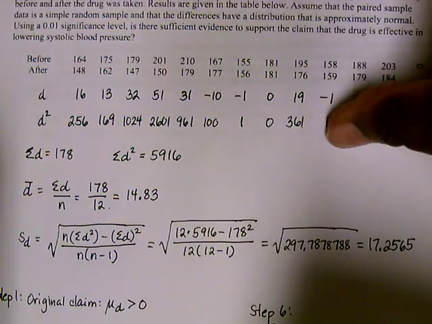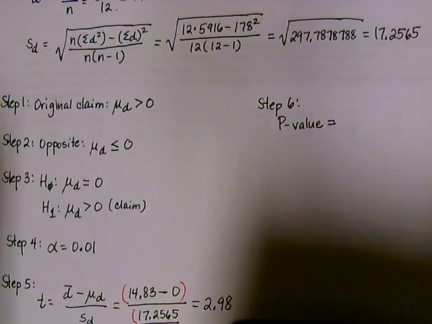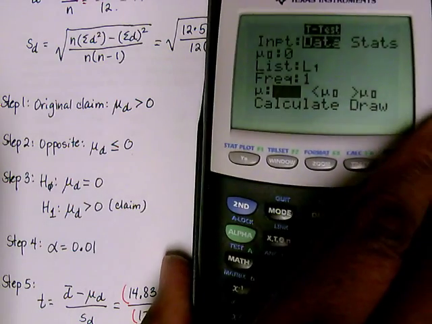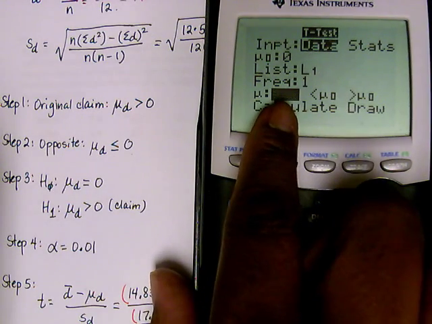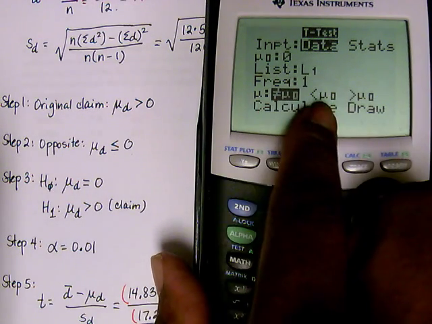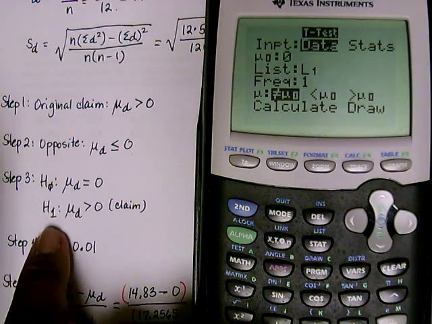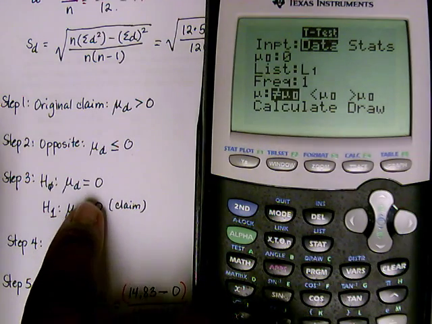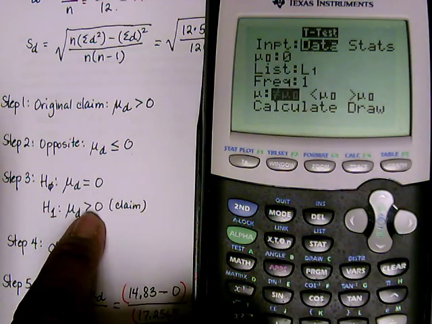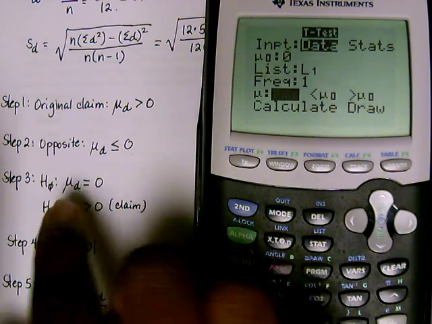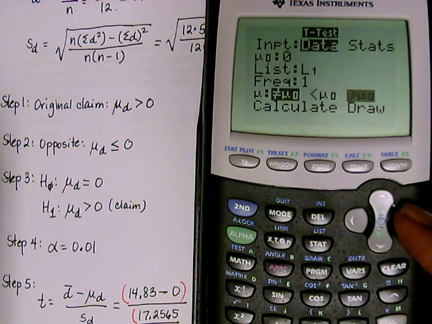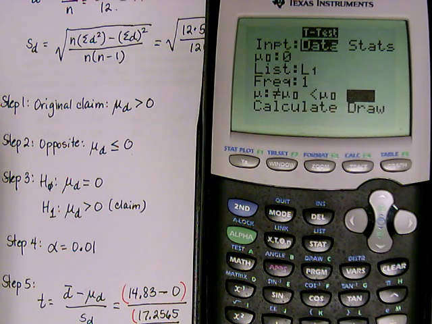Let me move the calculator and bring up this paper to find out which one I need to select. I need to select either not equal to, less than, or greater than. Looking at this alternative hypothesis, I'm going to have to select greater than. So I'm going to use my right arrow key to highlight greater than mu sub 0 and then hit enter to select that.